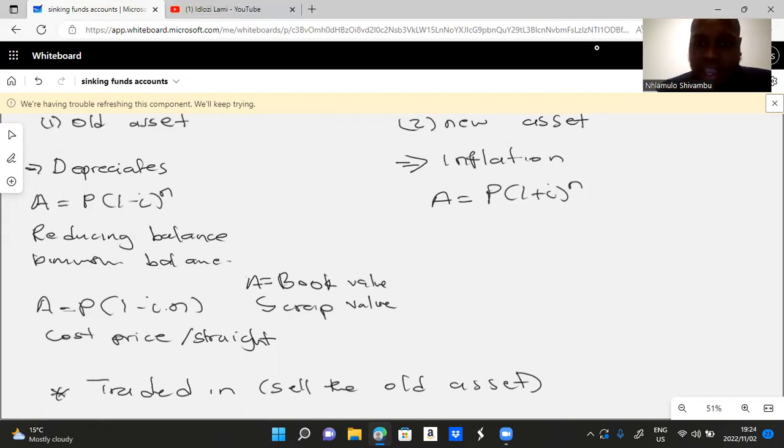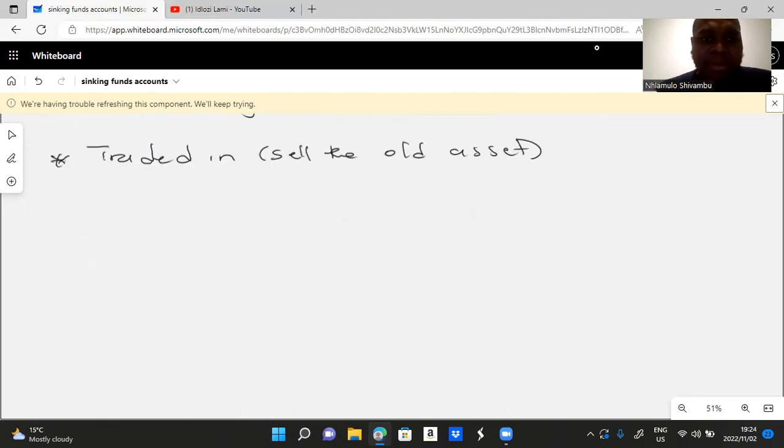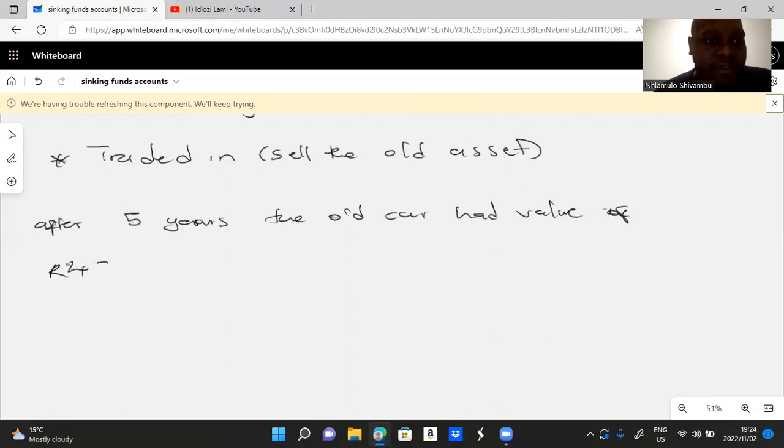So I'm just gonna give you a scenario here. Let's say, for example, after 5 years, the old asset, the old car, had a value of 43,000.